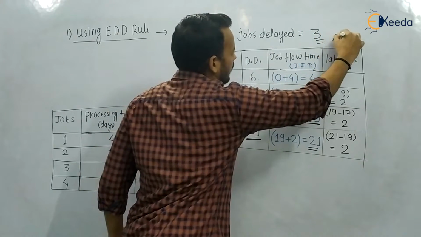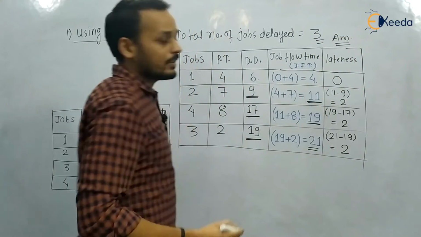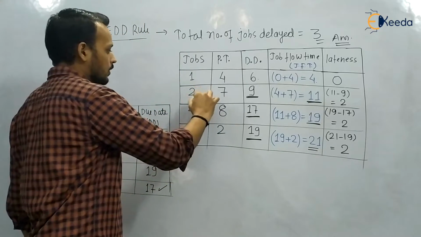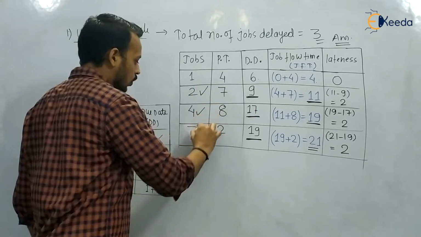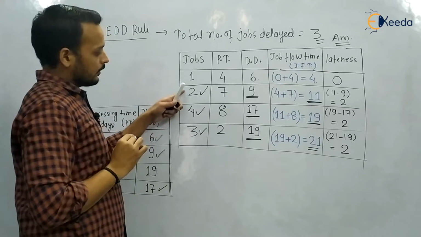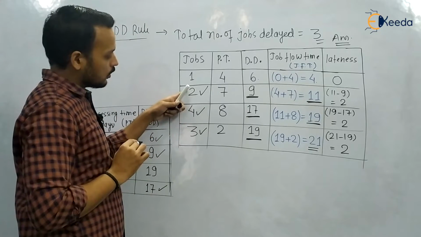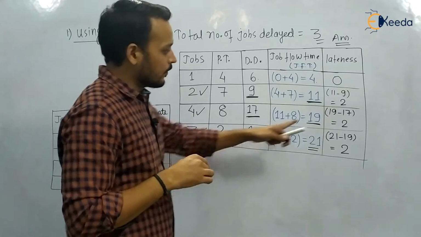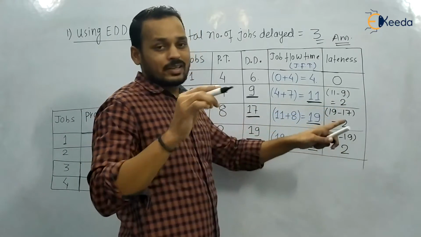Okay, this 3 is the answer, and you can also tell that the delayed jobs are 2, 4 and 3. Okay, 3 jobs are delayed and the delayed jobs are 2, 4 and 3. By how many days? By 2 days each.